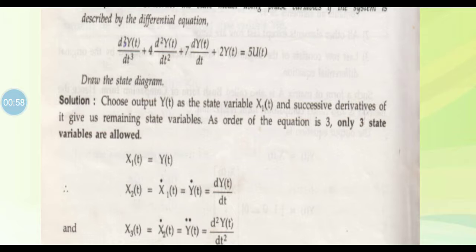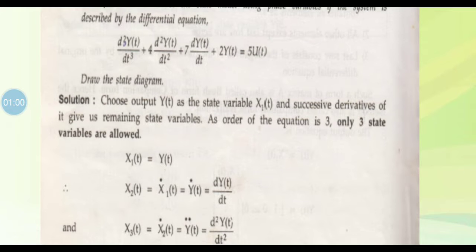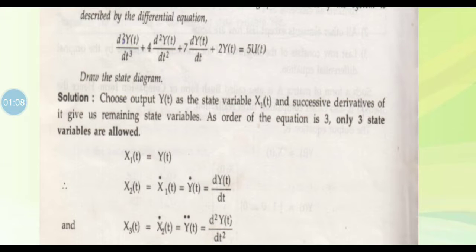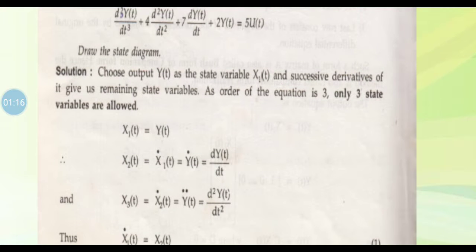As the order of the equation is 3, only 3 state variables are allowed. So y(t) is chosen as state variable x1(t), and successive derivatives give the remaining ones.